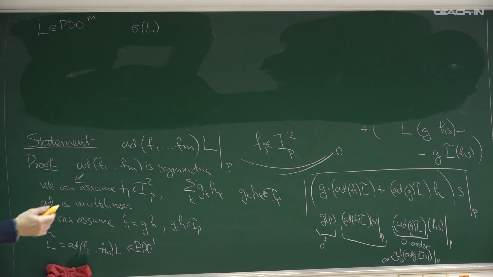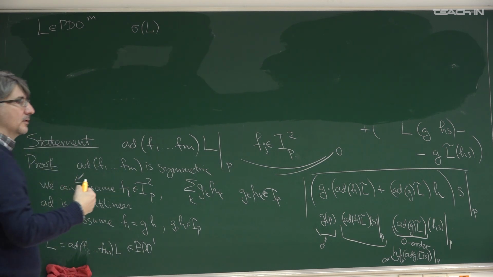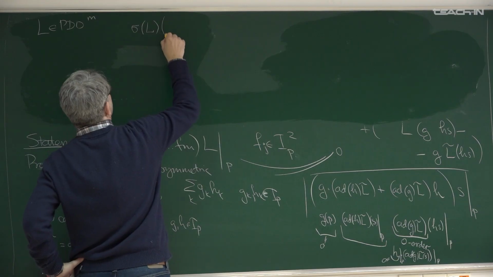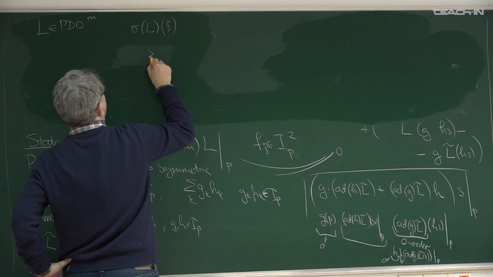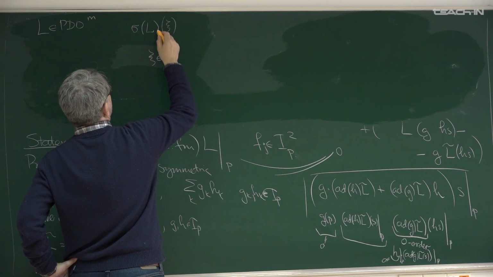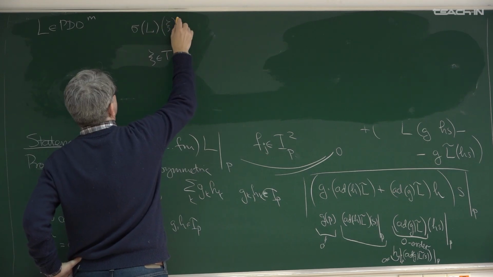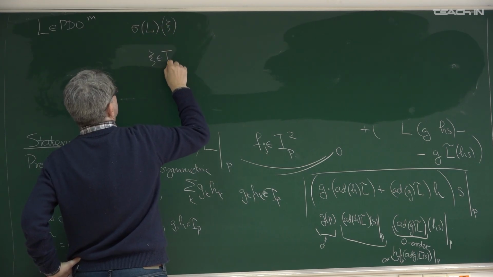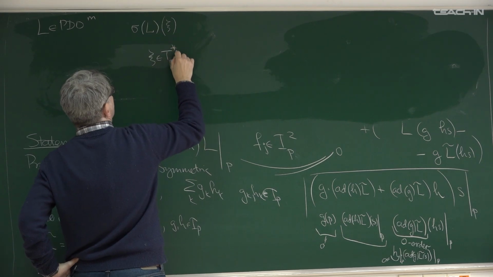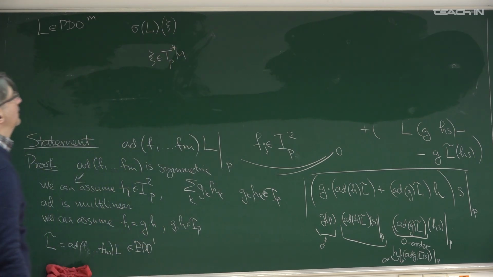It takes as an argument a cotangent vector to the manifold M, psi, which belongs to the cotangent space to the base manifold M at the point P.